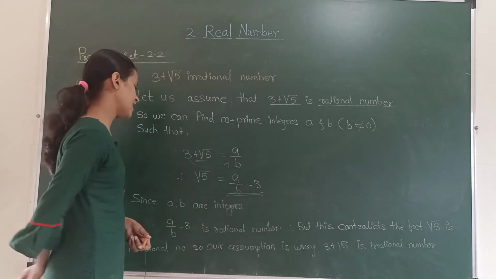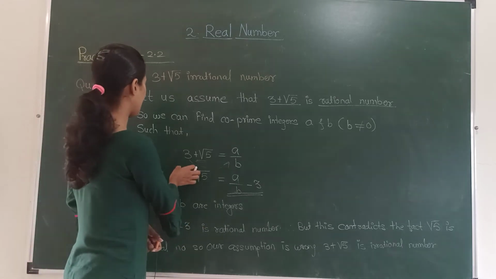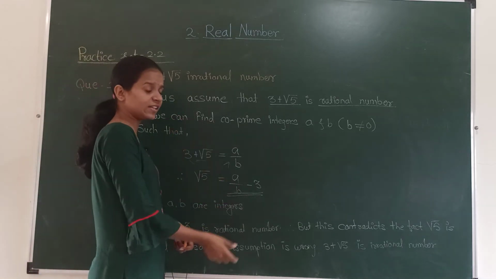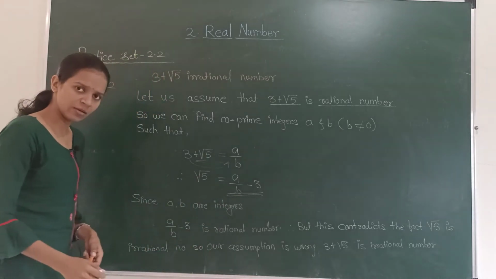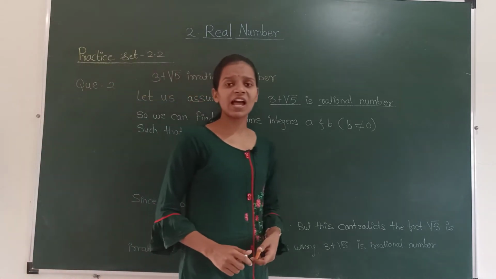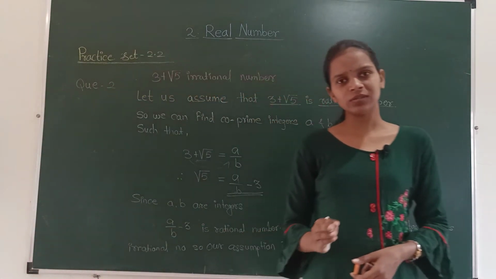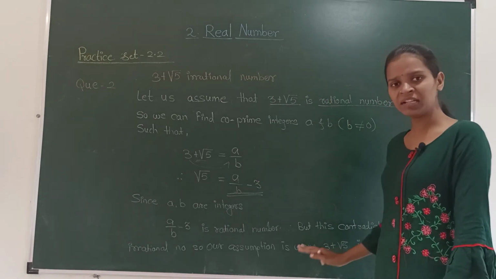This is a rational number, but it contradicts the fact that root 5 is an irrational number. We already know that root 5 is an irrational number, but we are proving it indirectly.